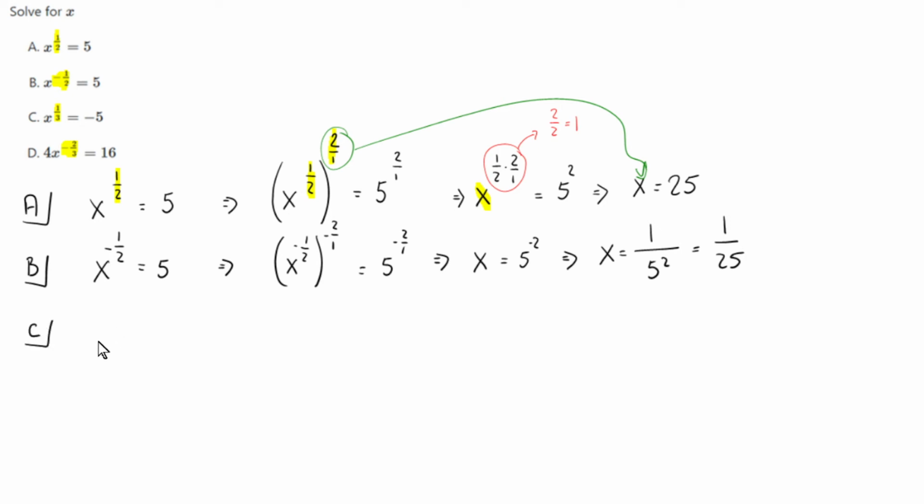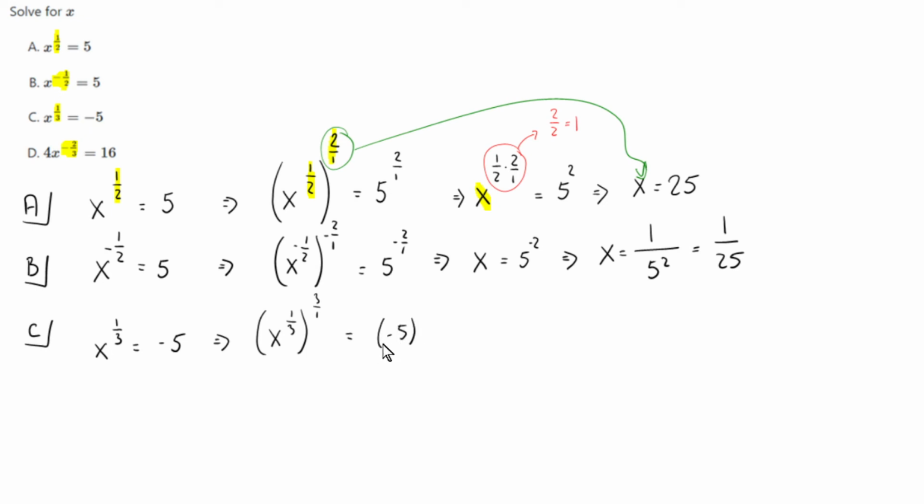See? Here we have x to the power of a third equals negative 5. We don't multiply, we raise both sides to the reciprocal of the rational exponent. So it's going to be 3 over 1 equals negative 5.